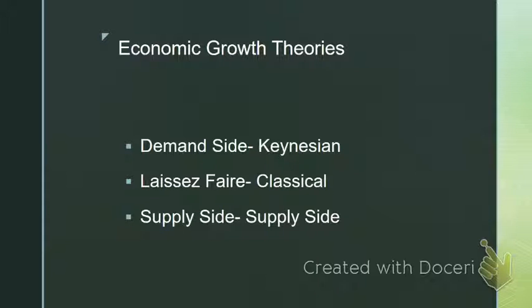All right? So demand side is your typical fiscal and monetary policy. Laissez-faire, leave it alone. Supply side, cut taxes on corporations and the wealthy and the money from the supply will ease into the economy.